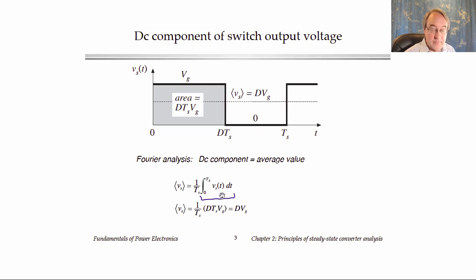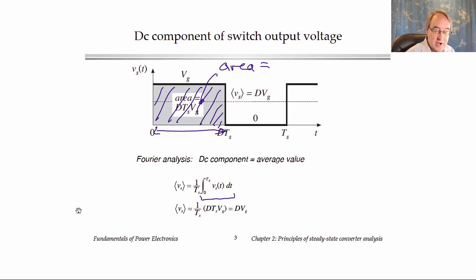So to find the integral, we would integrate the waveform or find the area under the curve. That area is in fact easy to find. It's simply the area of this rectangle. So the area is equal to the base of the rectangle, which is d times Ts, multiplied by the height of the rectangle, which is the input voltage Vg.